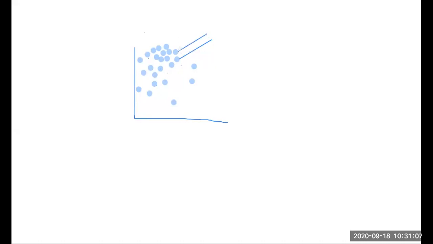Now we measure the angle between this vector and this vector. If these two are similar, then the angle is less. If these two are dissimilar, then the angle will be more.